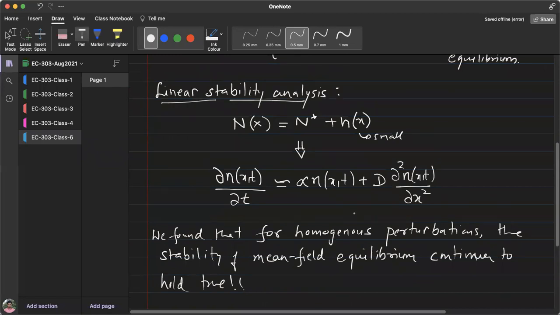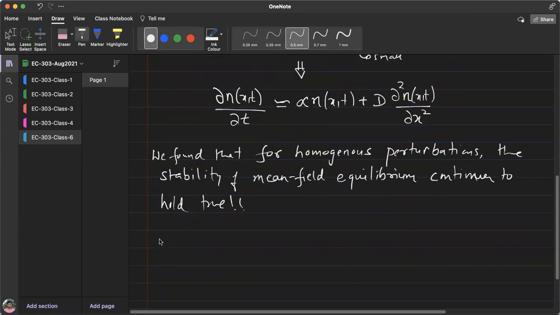Now, we also wondered what happens if this n of x, t is not a homogeneous perturbation anymore. I showed you examples with simulations. From the simulations, what were our conclusions for non-homogeneous perturbations?